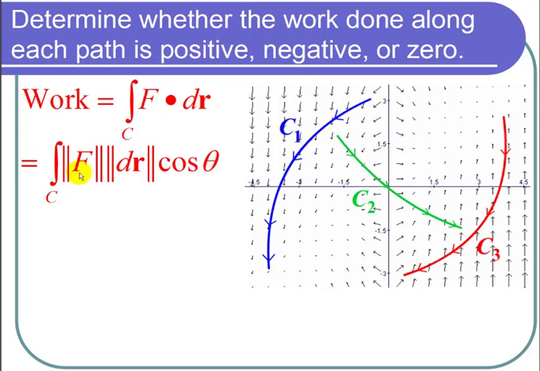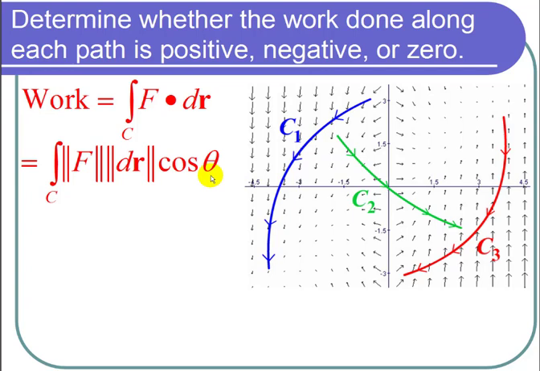The reason for this is the magnitudes are always positive. So to determine if the work is positive, negative, or zero, we want to see if the cosine of the angle is positive, negative, or zero.